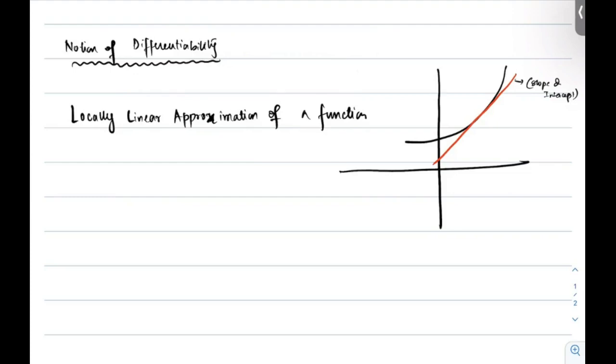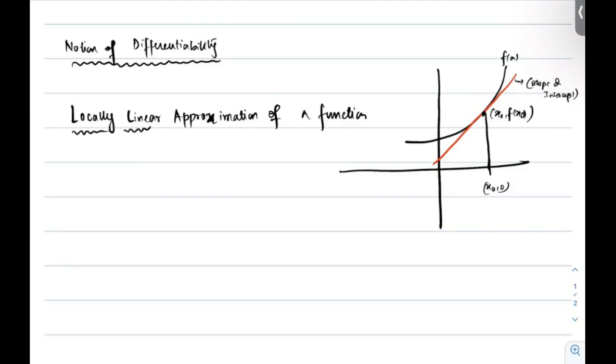To make you understand the local approximation of a function by a locally linear approximation of the function. Locally means it happens at every single point, let's say (x naught, 0). So this height is nothing but f of x naught, and this point is (x naught, f of x naught), right?